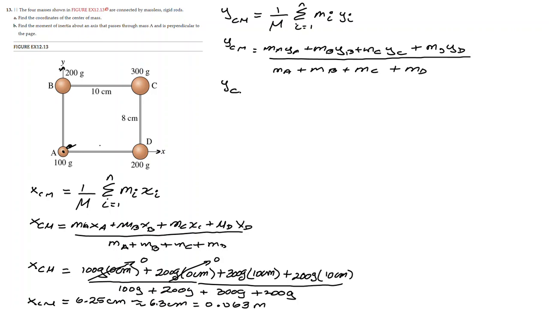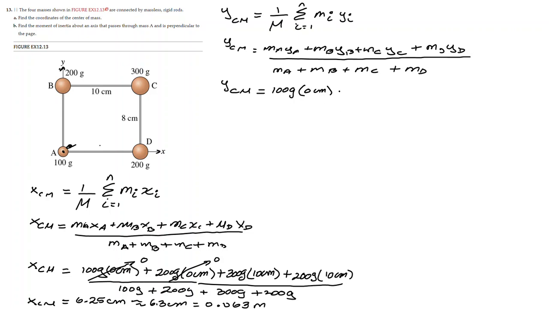So the y of the center of mass would be, now we have 100 grams, that is mass A. Mass A is at the origin, so it's 0 centimeters from the origin, so it's just times 0.